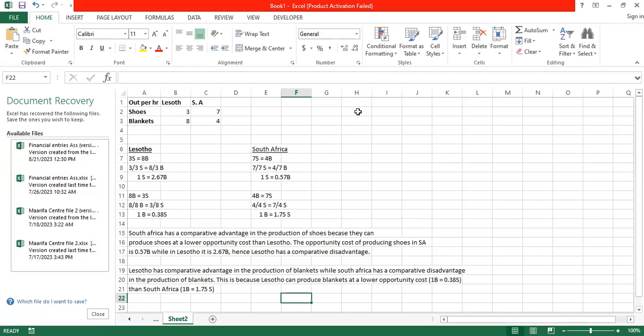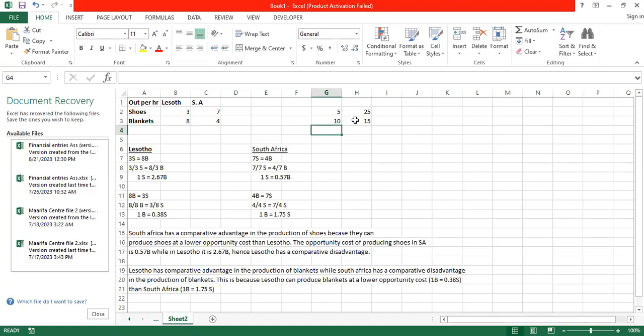Sometimes there will be situations where, using the same example here, let's just say SA is producing 25 shoes, and then they're producing 15 blankets there. And these ones here, let's just say they are producing 5 shoes. This one is what is less, and they are producing 10 blankets.